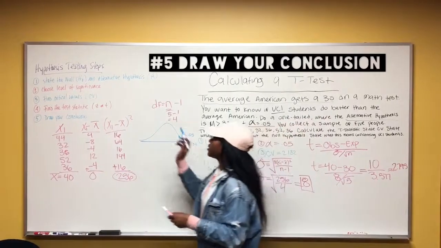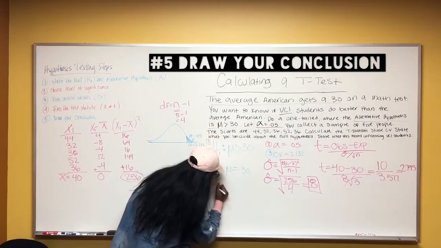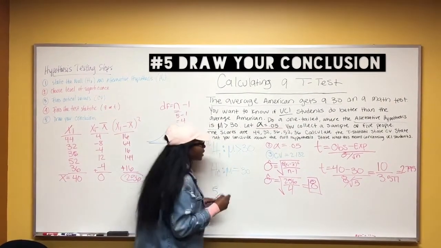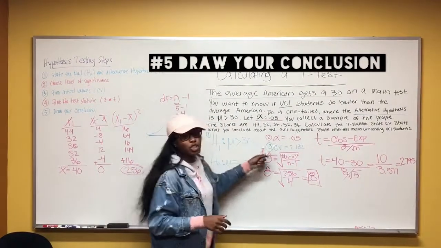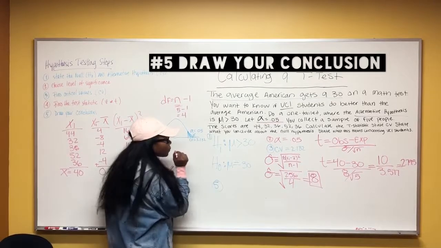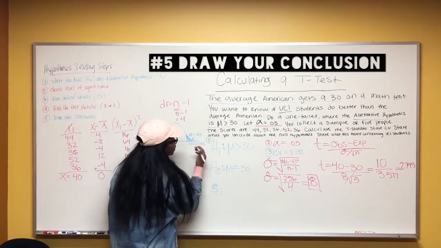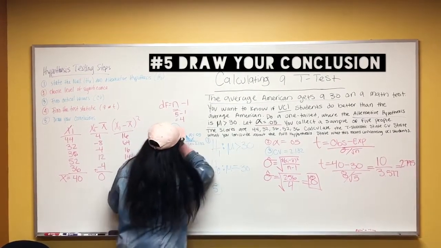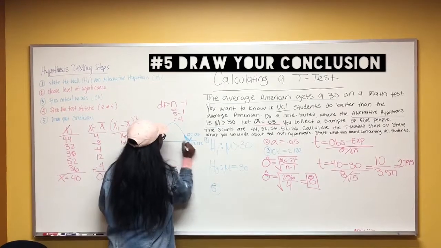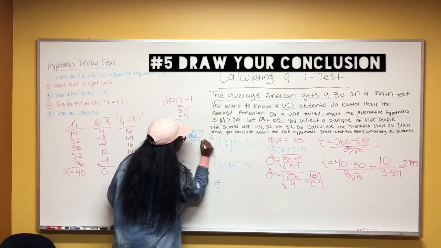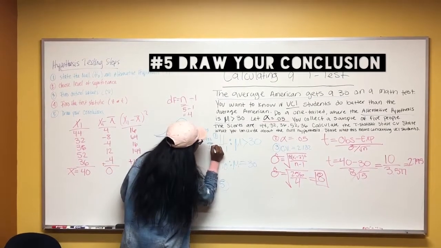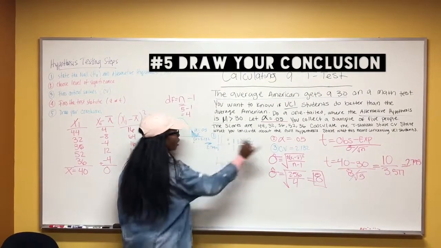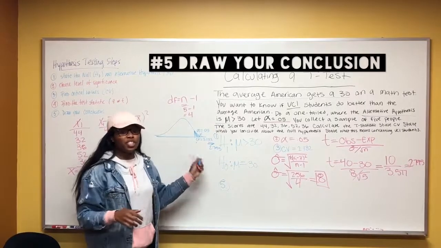We move on to step 5, which is drawing our conclusion. Since our t statistic is larger than our critical value of 2.132, at 2.795 it is way out on the bell curve, so we're going to be rejecting the null.